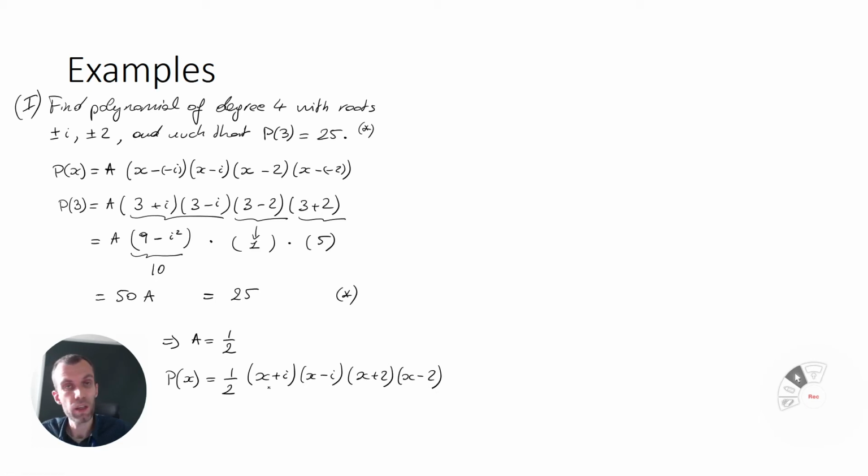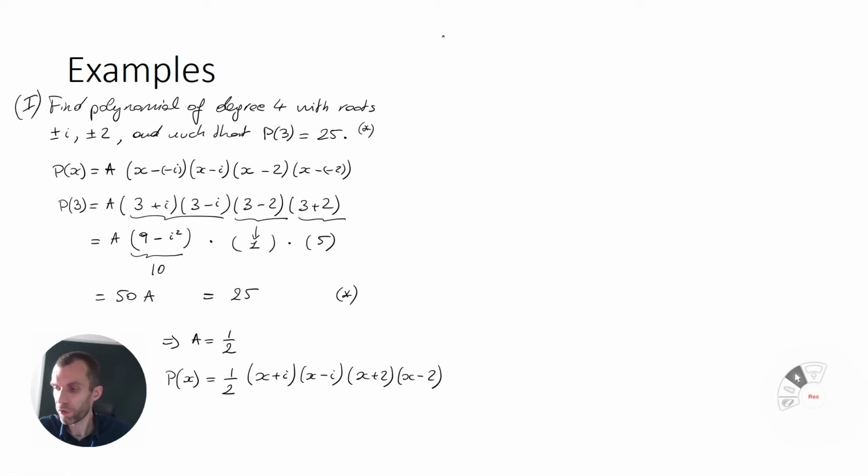This is a degree 4 polynomial because you have 4 factors with x, and if you multiply that together you'll get an x to the power 4. The roots are also satisfied because if you plug in I, minus I, plus 2, minus 2, you'll find that the polynomial vanishes. And then p of 3 equal to 25, that's also something that you can check along the lines we did here.